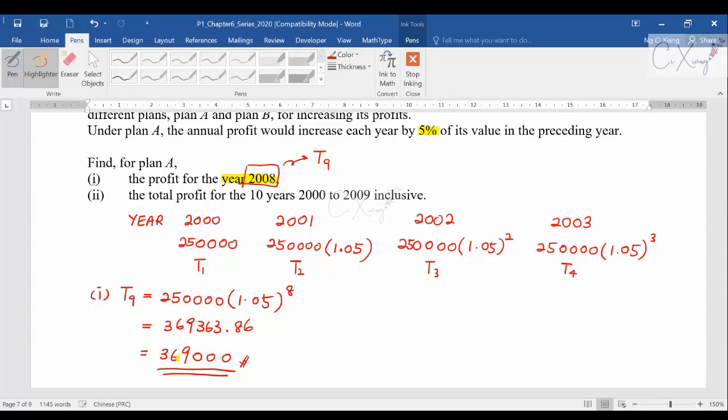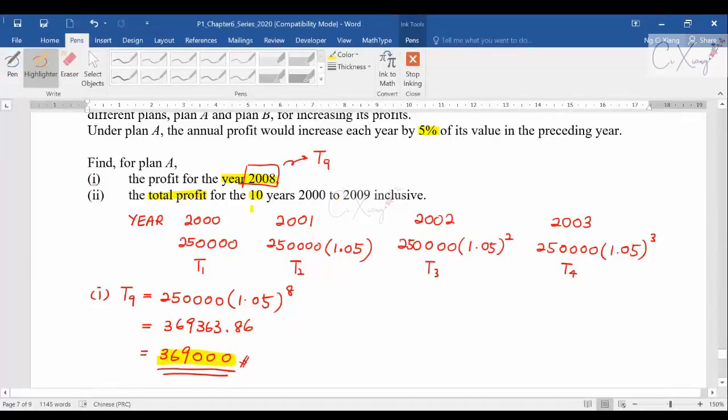So your T9, the profit for the year 2008 will be 369,000. Okay?